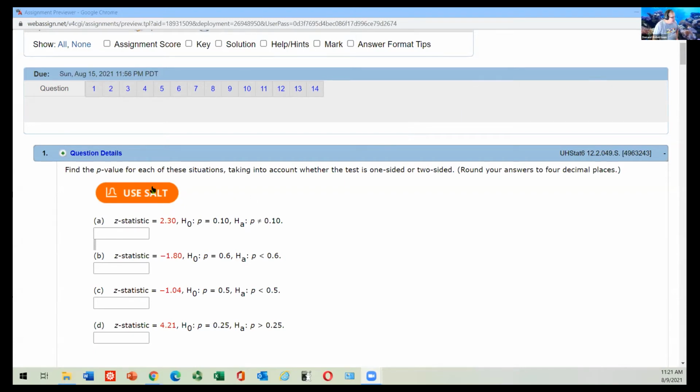Yes. Now, I'm going to hit use SALT and it's probably going to disappear, but bear with me. I better start writing some numbers down before I do that. So in these questions, they're telling you the null and the alternate, and we are just going to find the p-value, right? We're not going to do any more than just find p-values. And they tell you the z, which is pointless, but they're telling us it anyway. So what have I got?